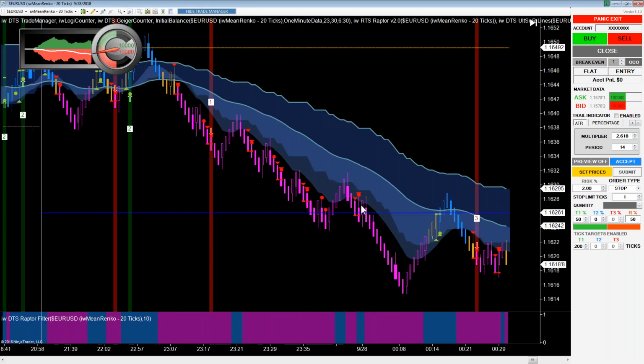The number 3 signal is a continuation signal. So when you get a continuation signal, the first thing you need to do is look left and make sure you have a trend to continue. In this case, it looks like we have a reasonable downtrend. Here's a pullback into the hard edge. Whenever the market hits the hard edge of either trading band, we always anticipate a reaction.